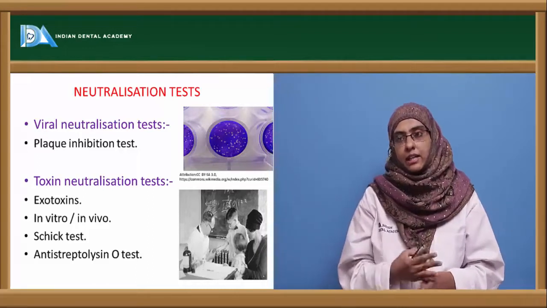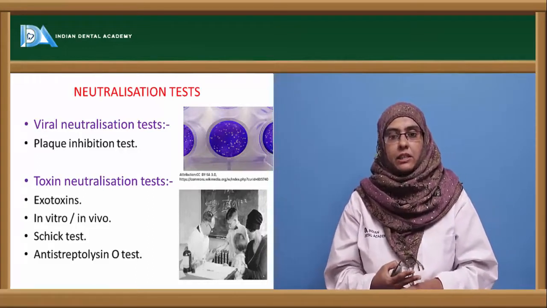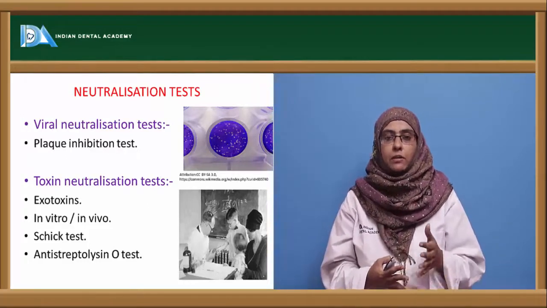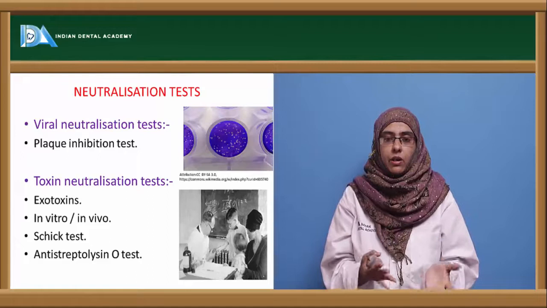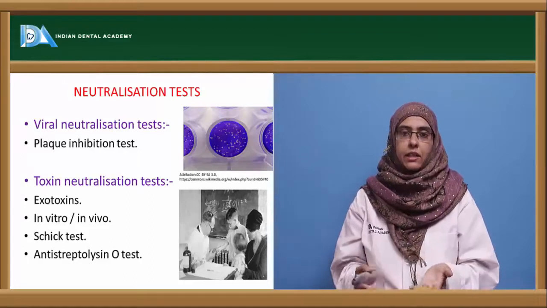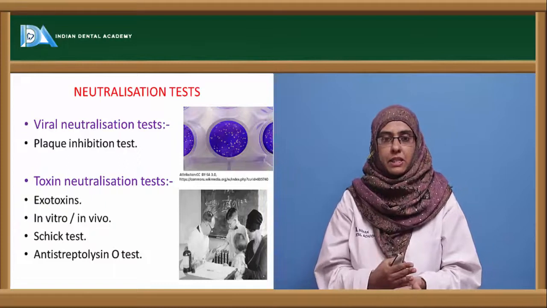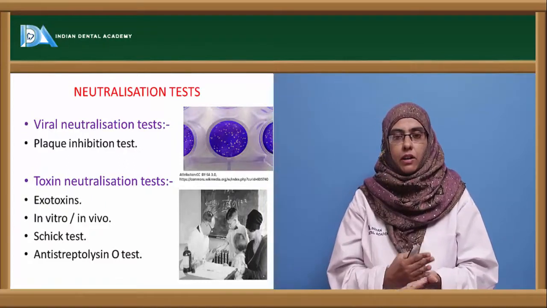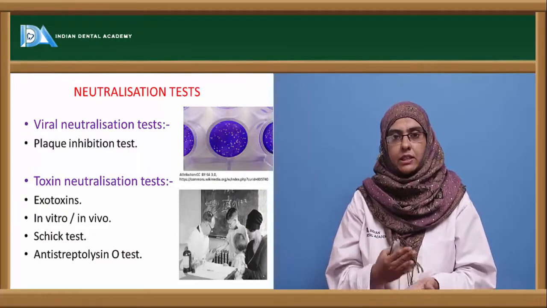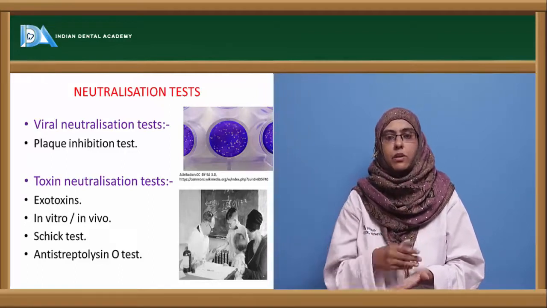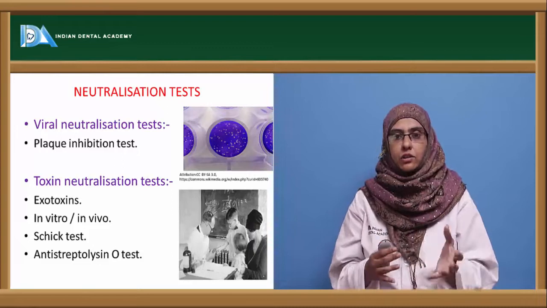One is called the viral neutralization test, and the virus pathogenesis can be known by growing a lawn of bacterial cells, and then inoculating the bacteriophages on the bacterial cells. If there is any specificity between the organism and the virus, they usually cause the lysis of the bacteria and form a plaque or a zone of lysis around the colonies.